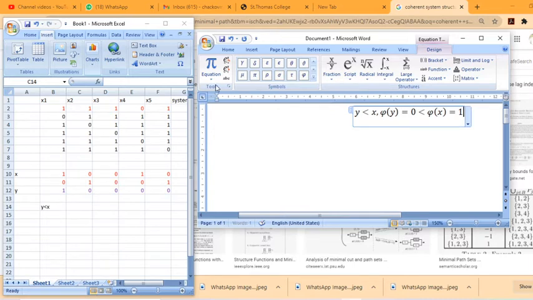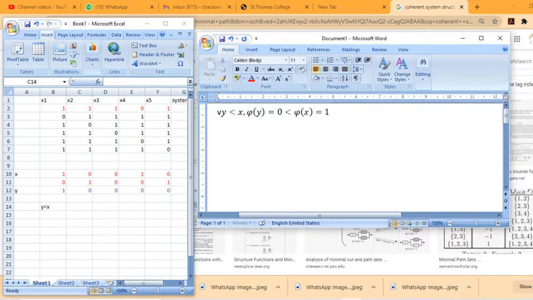But in the case of vector number 2, that is not possible. This is for row number 10. When we consider row number 2, what happens? y is less than x.